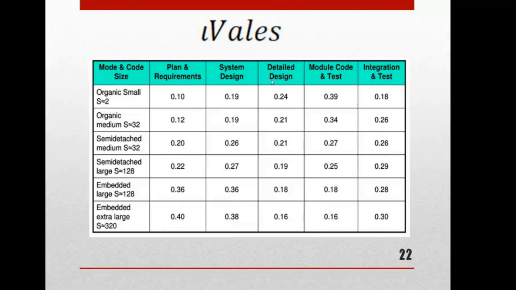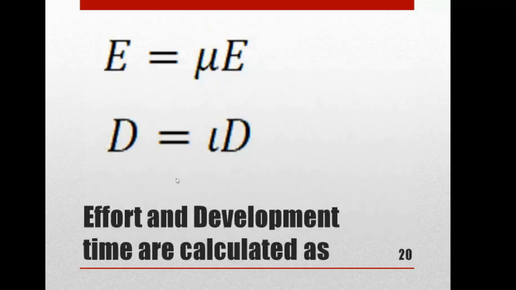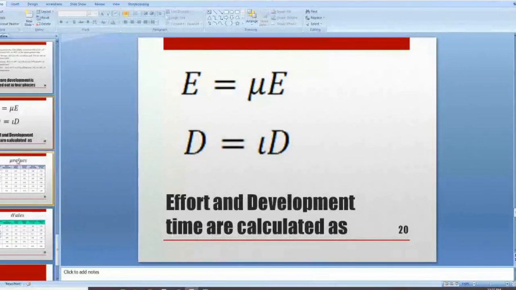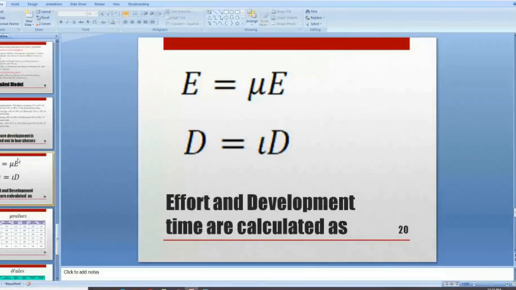That is for the development time, right? Likewise, it is categorized into 6, and correspondingly you have the values. Based on this, you can calculate the effort and development time, right? Fine. So these are the three hierarchy of models. What are those? Basic, intermediate, and detailed.